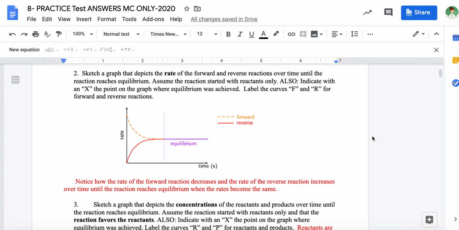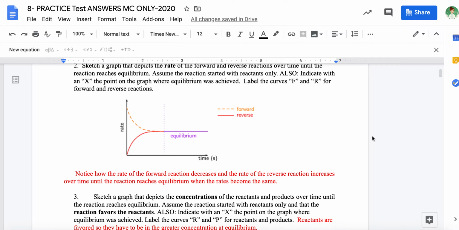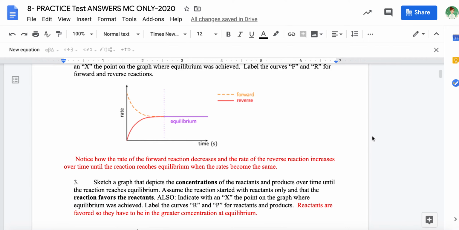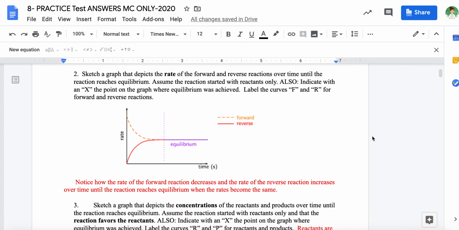Either forward and reverse, as we're seeing here in number 2, or in number 3, we're labeling the lines as reactants and products. So most importantly, remember when the rate must become equal at equilibrium.